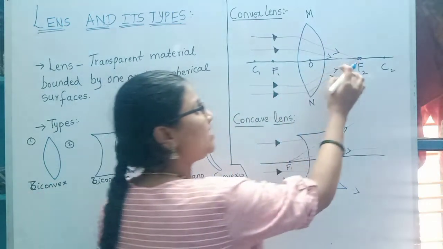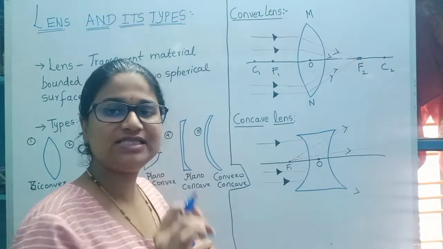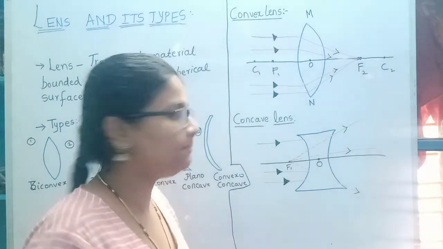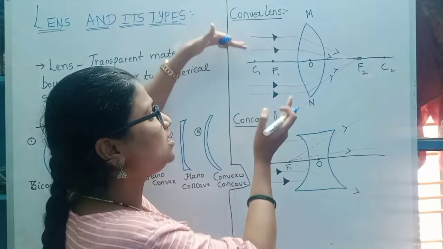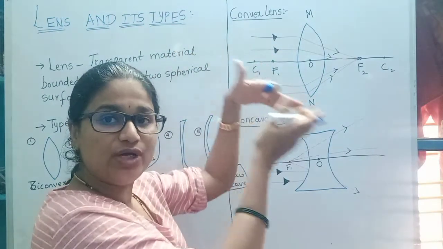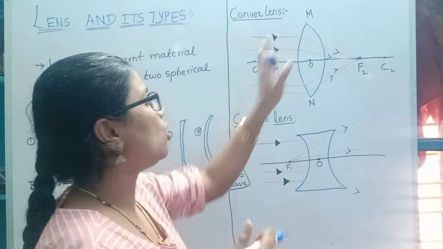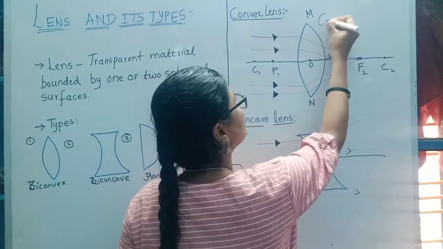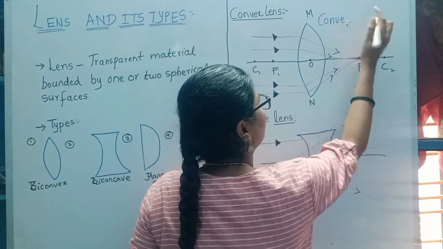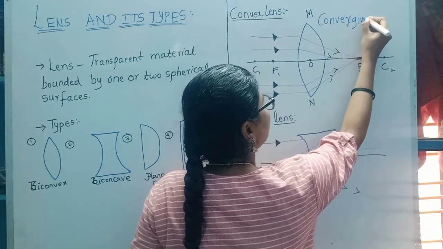The point where they meet is called the principal focus of a lens. Right? As all the rays are converging at a single point, this convex lens is also called a converging lens.